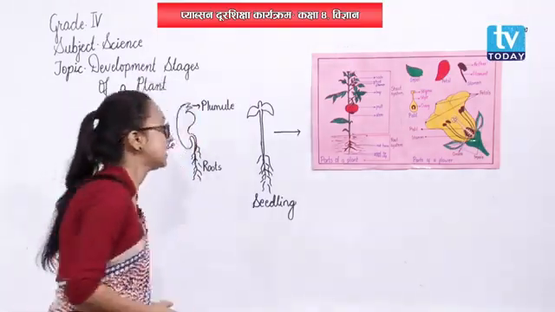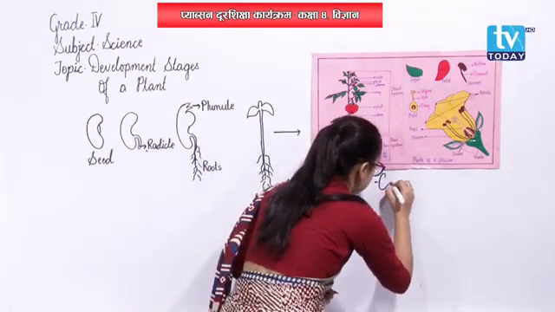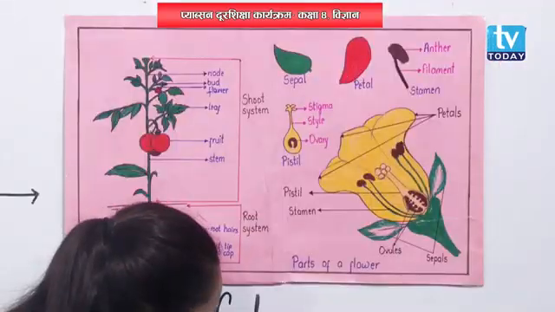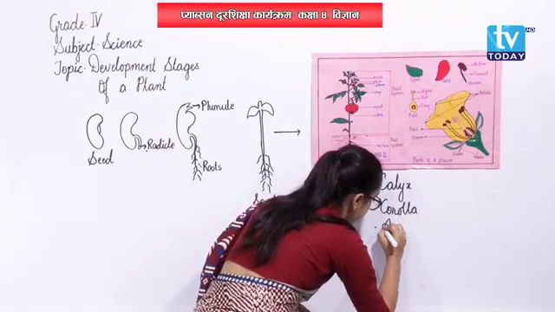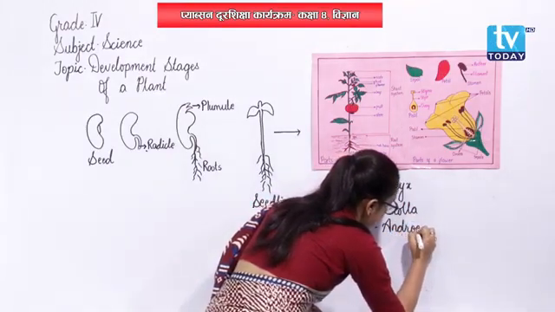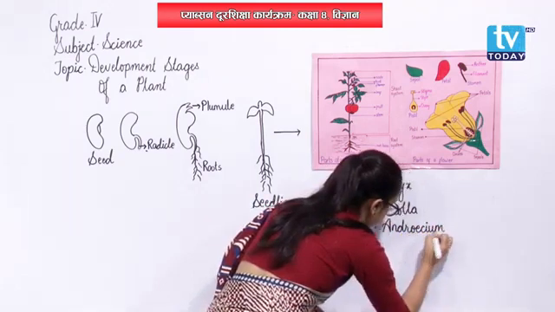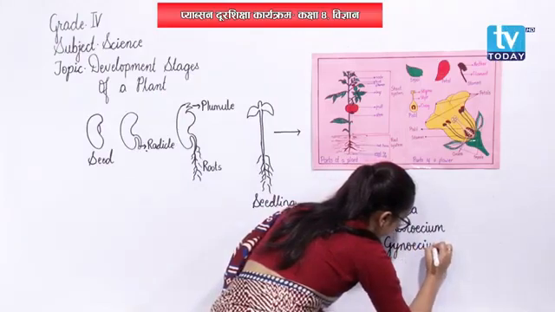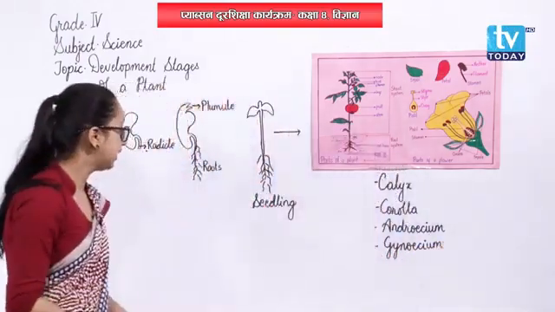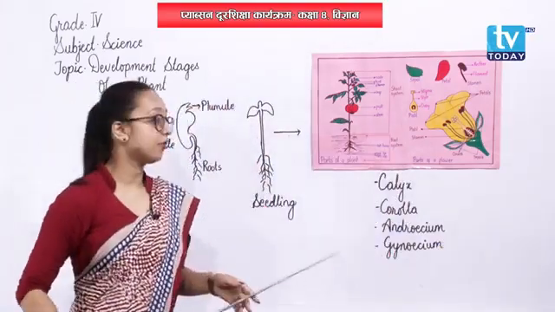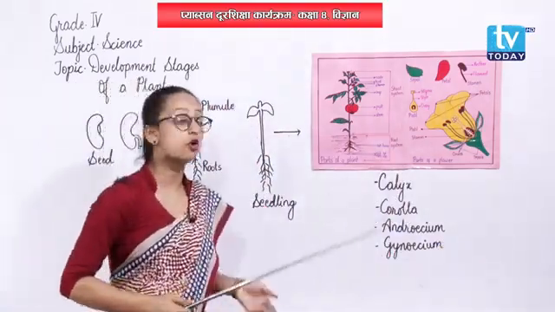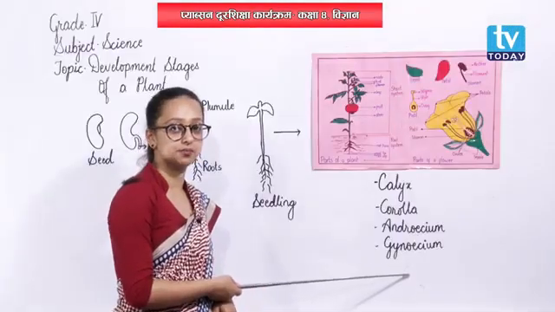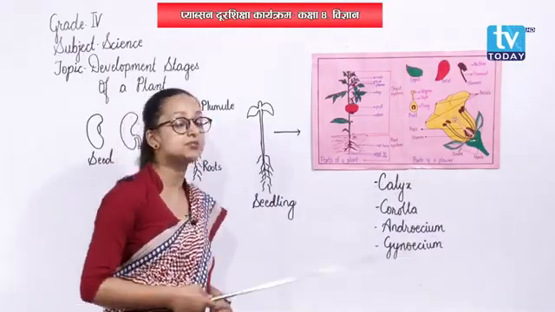They are, let me write here, calyx, corolla, androecium and gynoecium. Okay, see here, a complete flower has 4 parts or 4 whorls: calyx, corolla, androecium and gynoecium. These are the 4 whorls of a complete flower.